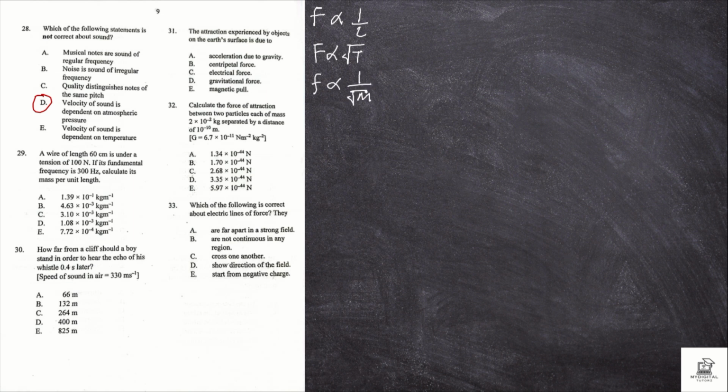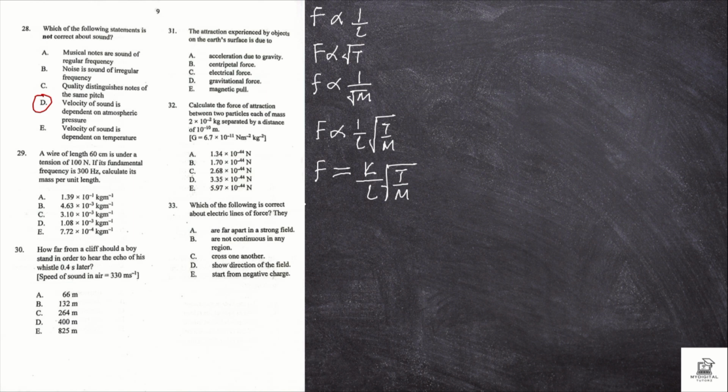So when you combine all these, you have the frequency is proportional to 1 all over length, root of T all over mass per unit length. So f will be equal to K, by removing the constant of proportionality, K all over L root of T all over mass per unit length.